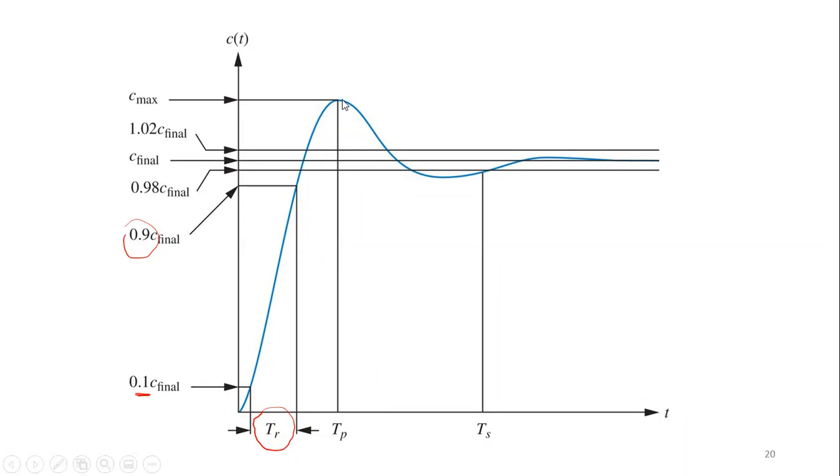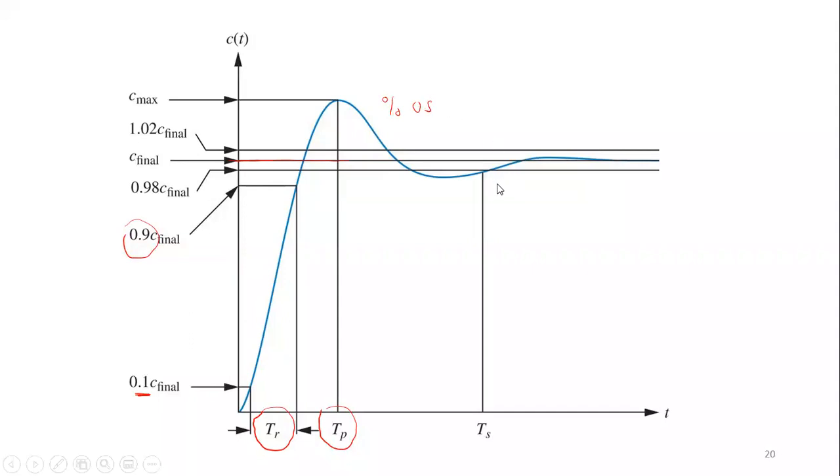In order for us to design a control system, the peak time, and the third is the percent overshoot. We are looking at the overshoot from here to the final value, and there is a formula for percent overshoot, which we will discuss in the next slide. I'll draw percent overshoot here first. The fourth one is the settling time.